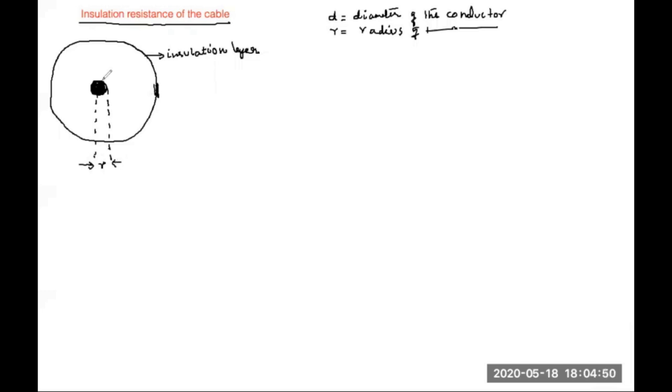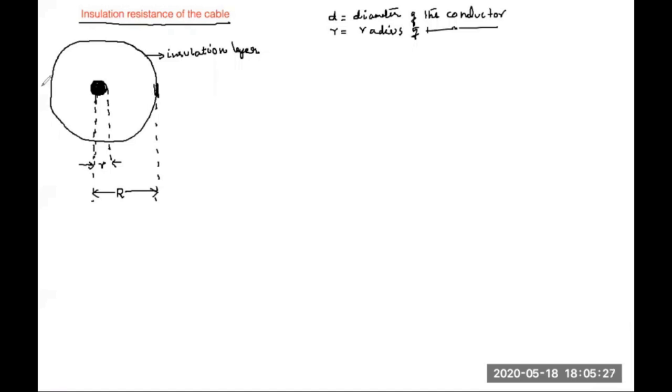Now, from the center to the last layer, see, the small r is the radius of the conductor, whereas capital R is the radius of the insulator, meaning the outer layer I'm considering as capital R. From there to here, capital R.